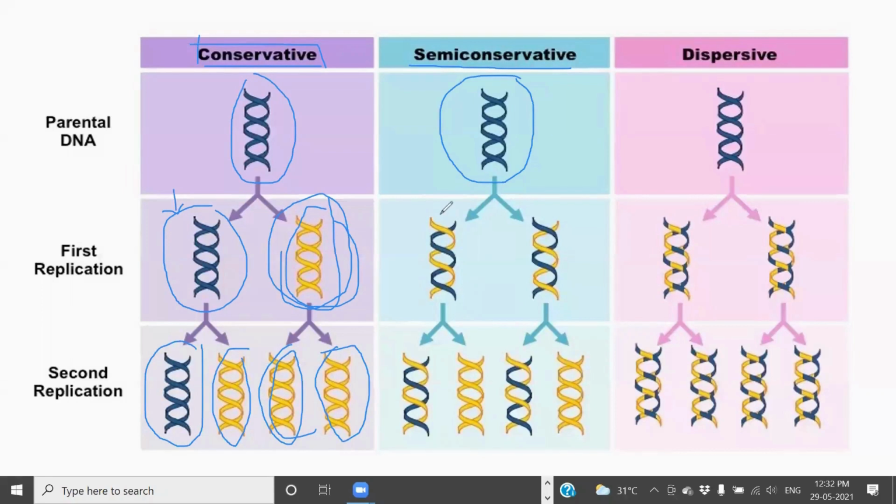Both strands of the parental DNA molecule separate from each other, and they are involved in the synthesis of one new strand of the daughter DNA molecule. One is the old strand, another is the new strand. In this DNA molecule also, one is the new strand, another is the old strand.